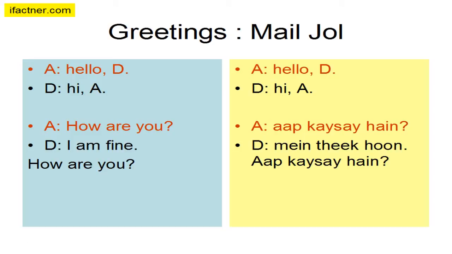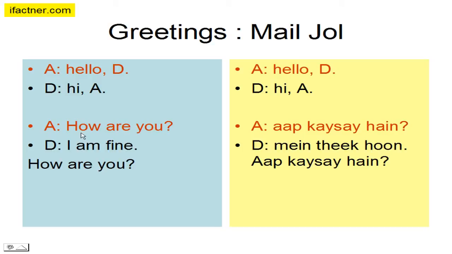Or you can just join your hands, and if you are greeting a Hindu person, then you can say namaskar. Or if you are meeting a Sikh person, then you can say sat sri akal. But it's always easier just to say hello or hi, because hello and hi is the universal language of saying or greeting people.